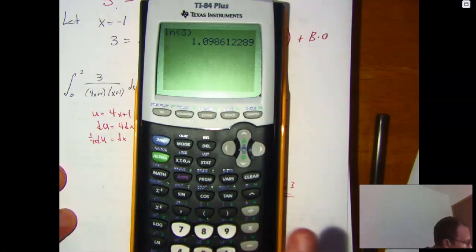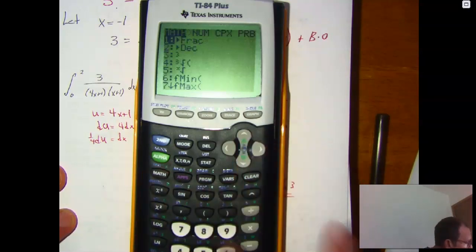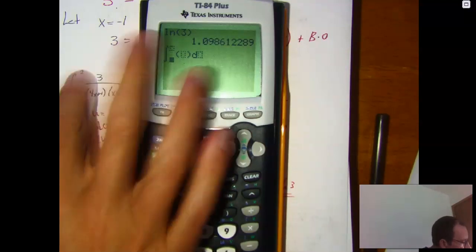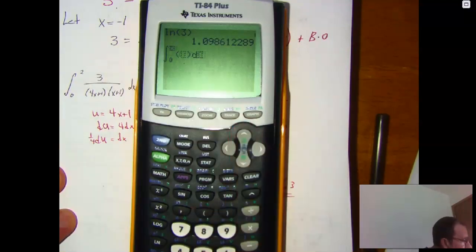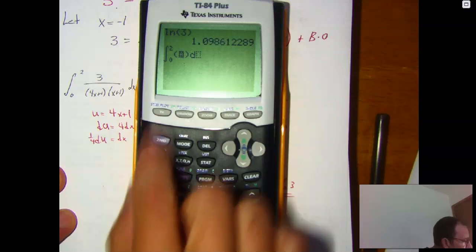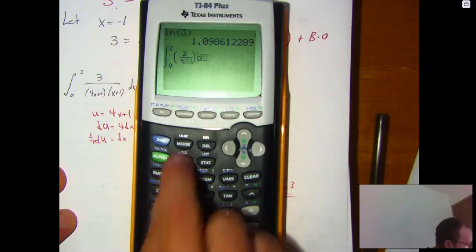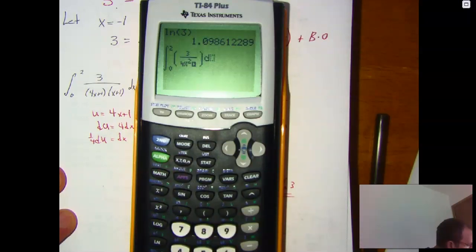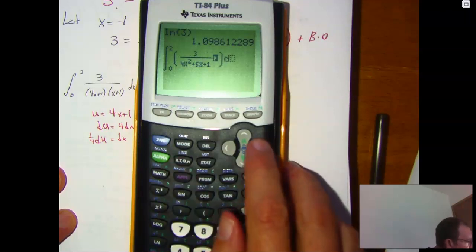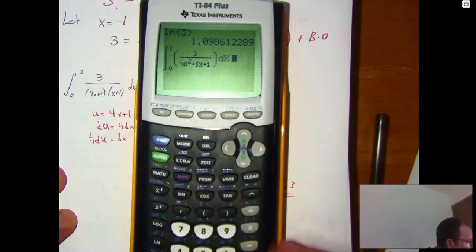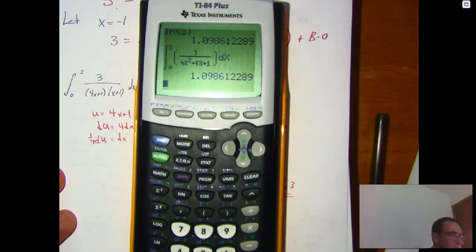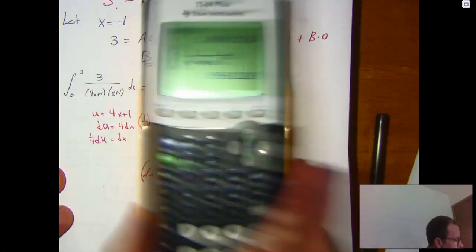If we were to find the integral from 0 to 2 of our expression with respect to x, we get the same decimal approximation that we did when we did it by hand here.